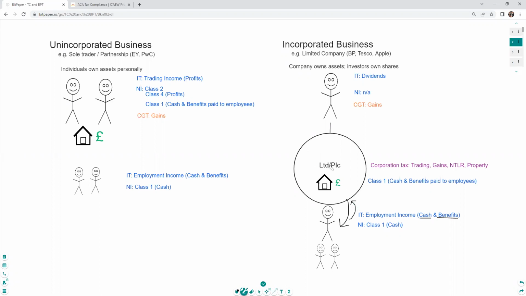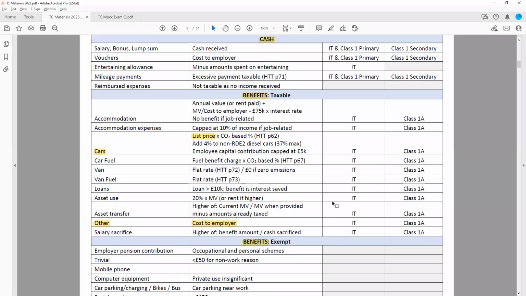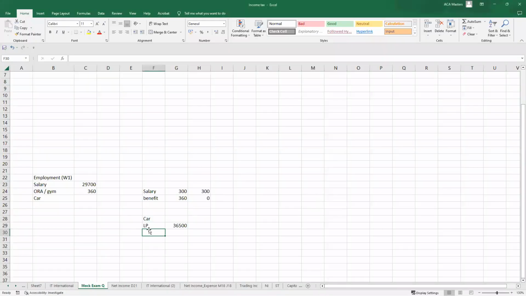So if the employer gives them something which has a value of 600, but they pay 400 to the employer, then what the employee is receiving is 200, of course. Just think of that logically. So they've given them a car which has a list price, a tax value, of this, but the employee is paying towards it. So what the employer is giving the employee is effectively the net of the two.